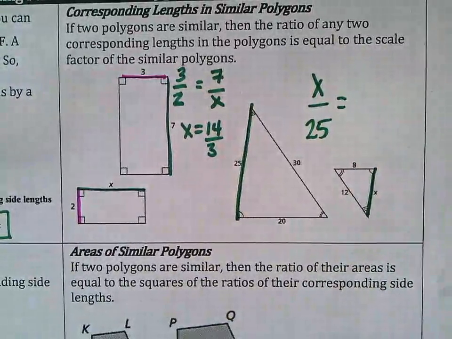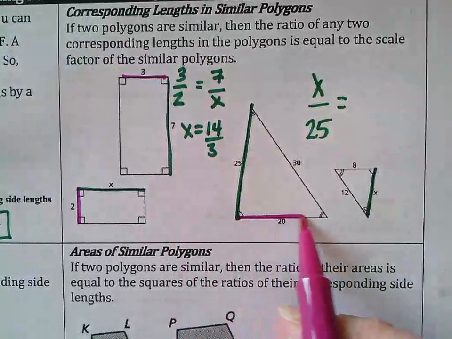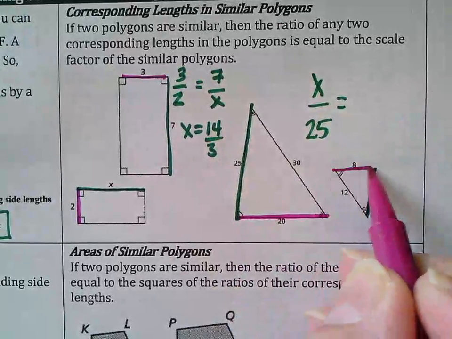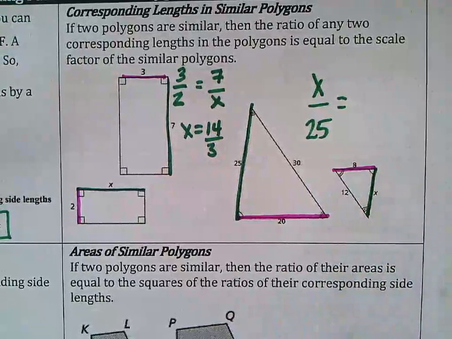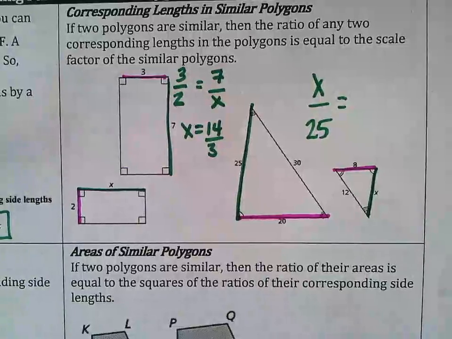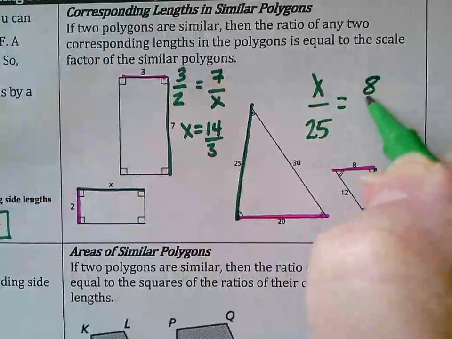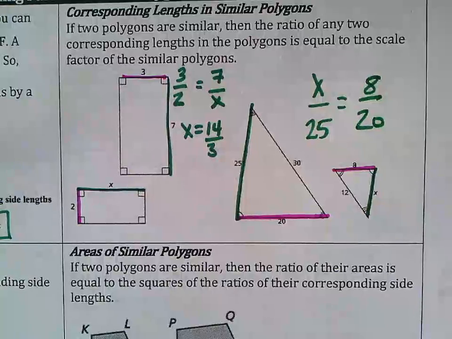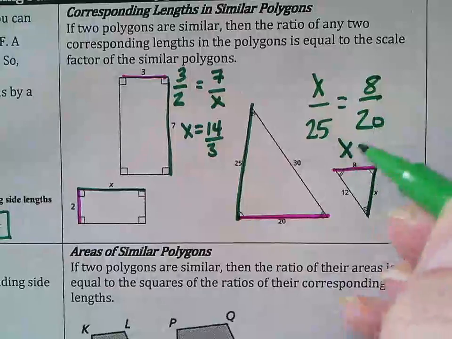And then you could use any other two sides you want. I'm going to use this one just because it's right here. It's between the 1 and the 2 marks in the corner here, so it is 8 over 20. And you could cross multiply and divide. So that would give you 200, so x is equal to 10.